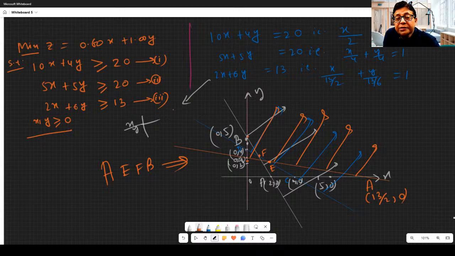So A is done, B is known, 0, 5. You need to know E and F. When you have plotted in that manner, it will come out nicely. There is no issue in it. You can get it very fast if you have plotted that. If you don't plot, then I cannot help.